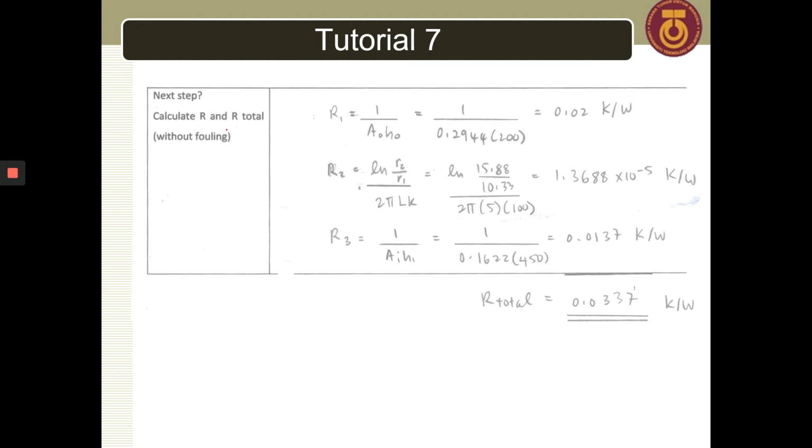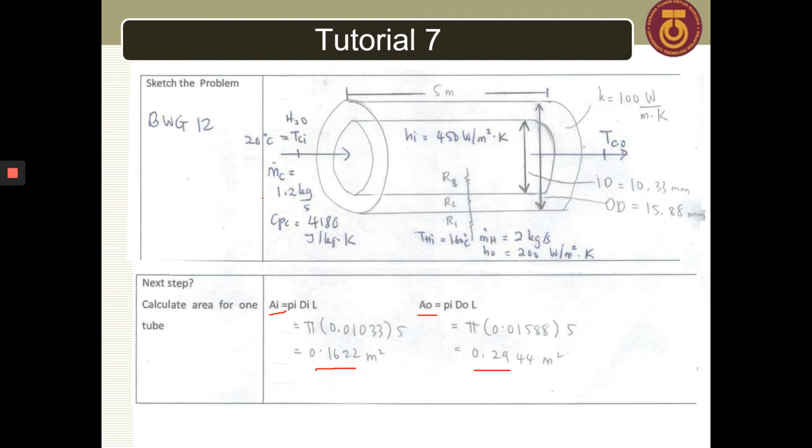So R is the resistance and total resistance without fouling. So look here. Because I draw only one tube, I calculate area for one tube only. And the resistance should be actually, so we look at the direction of heat transfer, because the surrounding is hotter than the inside flow, because here the inlet temperature of the shell is 160.